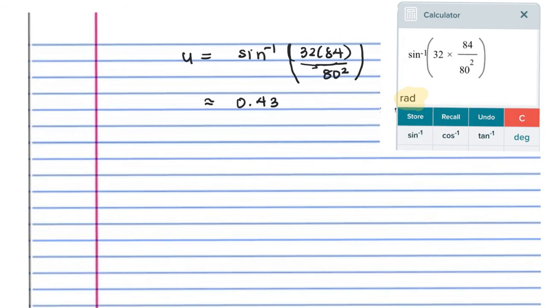To find the second angle, I had 180 degrees, but it really should have been for u2, since it's in radians, pi minus the sine inverse of 32 times 84 over 80 squared. So we'll go ahead and do that as well.